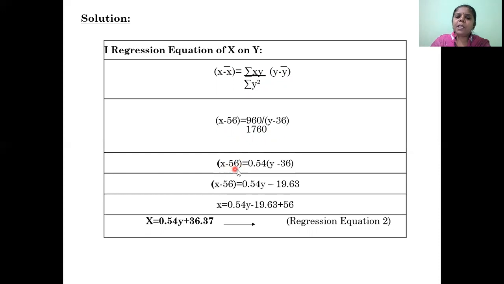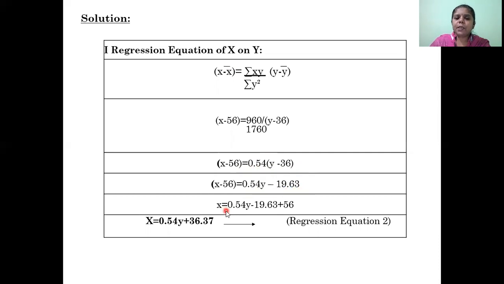So x minus 56 is equal to 0.54y minus 0.54 into 36, which is 19.63.